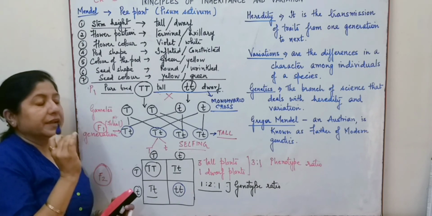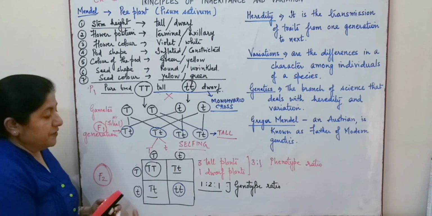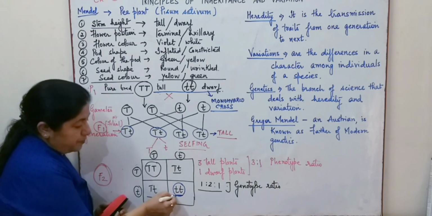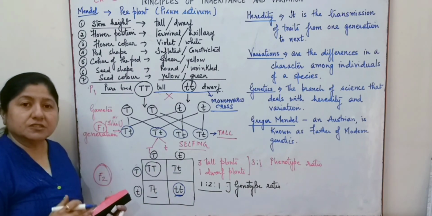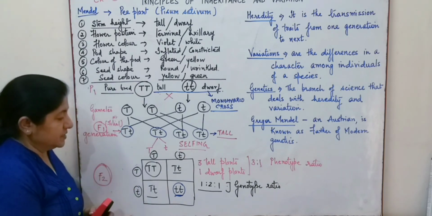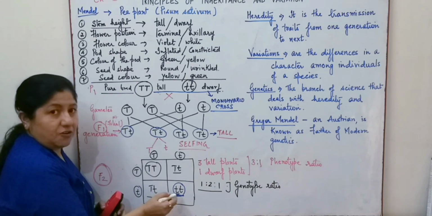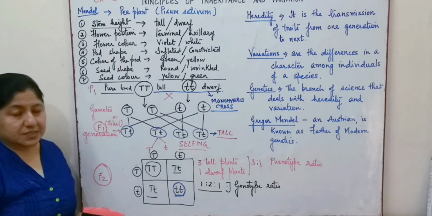It is not that it is unable to express at all, but it will express only if it forms a pair with a recessive gene. So in the presence of a dominant gene, the recessive gene will not be able to express itself, whereas when it combines with another recessive gene, it will be able to express itself.